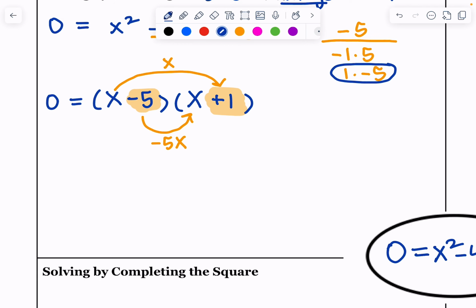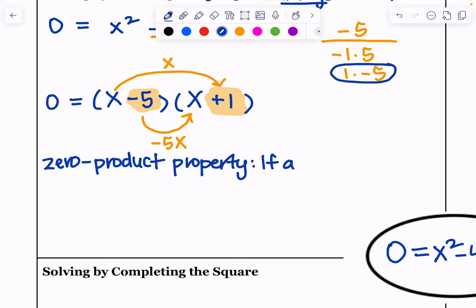Okay, now that we have our two factors, we are going to use the zero product property, which says that if two things multiply to get 0, so if AB equals 0, then A equals 0 or B equals 0.